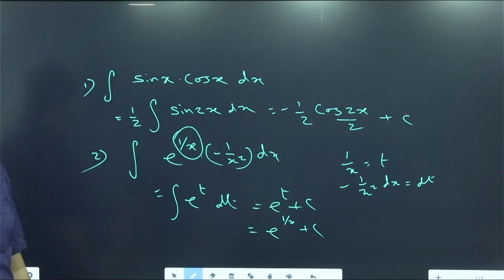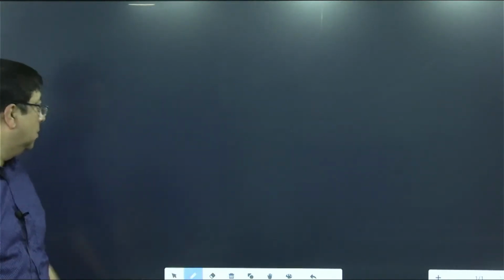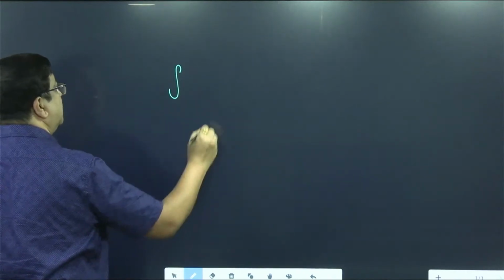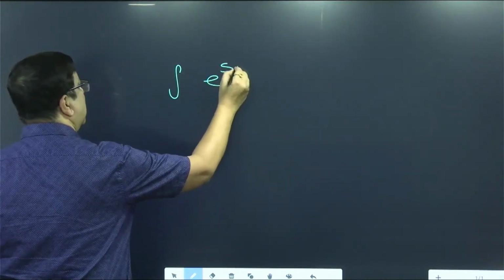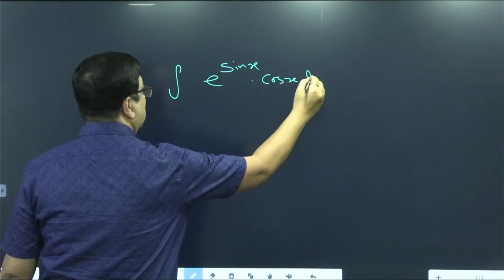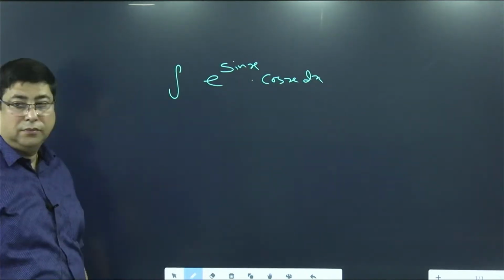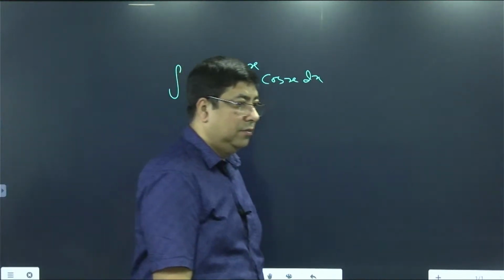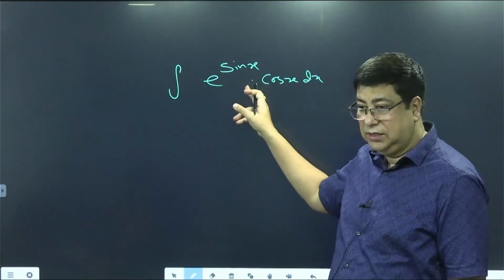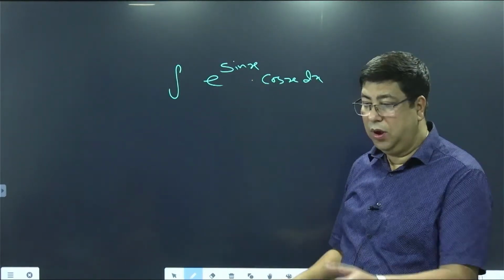Okay, understood? Next, integration of e to the power sin x into cos x dx. What to do for here? Who will tell? Take sin x as t. Okay? Do the sum.